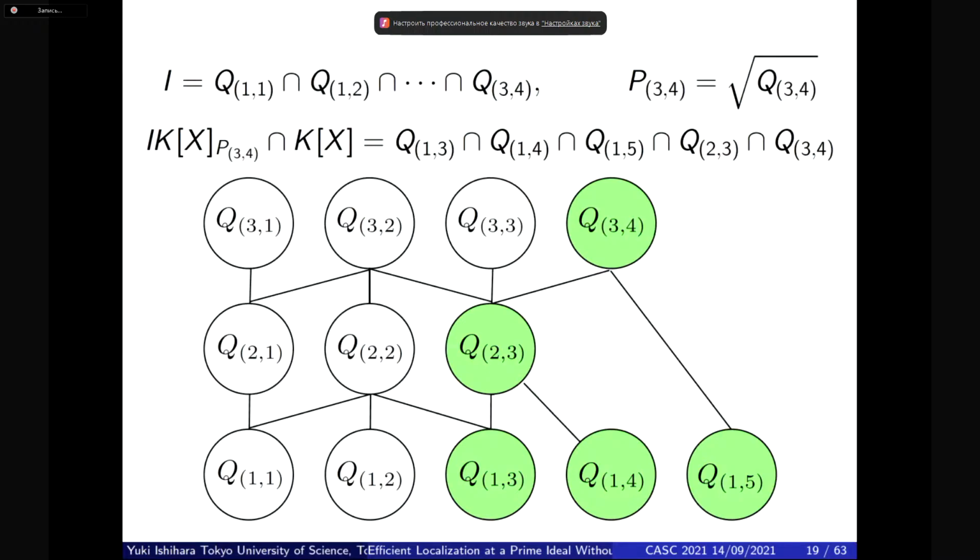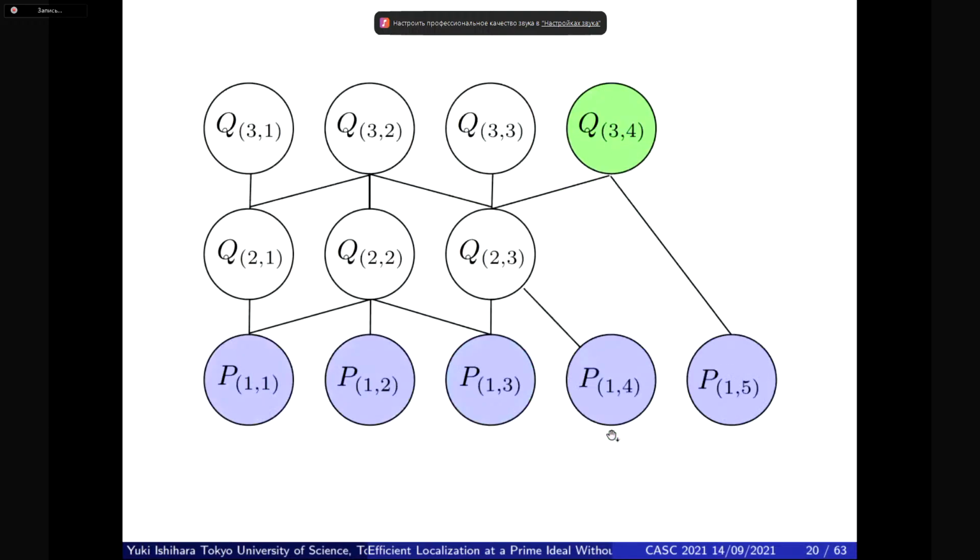I explain the outline of my algorithm with this picture. The final goal is to compute this localization. First, it computes the minimal primary divisors, the isolated primary divisors of I. Then check whether each primary divisor is contained in the radical of this one.